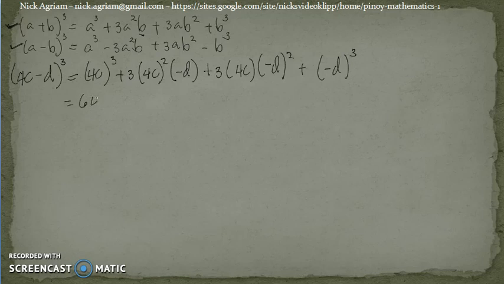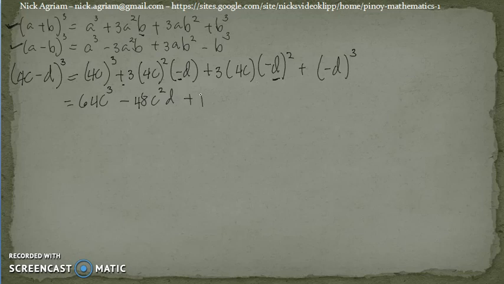And then we have 64c cubed, minus because of this negative there, and we have positive there. We have 4 squared. The square of 4 is 16. We have 48c squared d, and then the square of negative d will be positive.